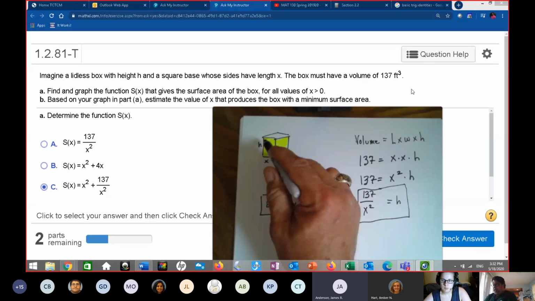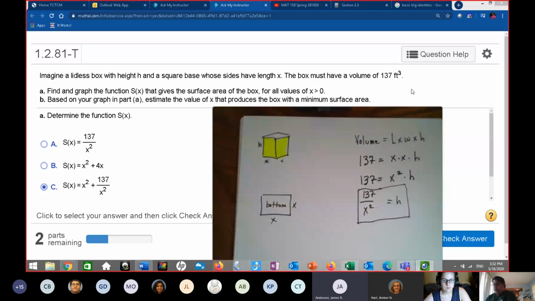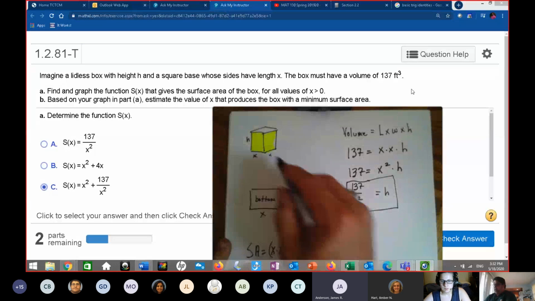So the surface area of this pencil box is going to be x times x, that's for the bottom, plus 4 times, well, what's the height? x times what? 137 over x squared.